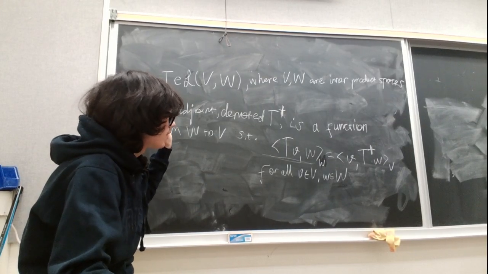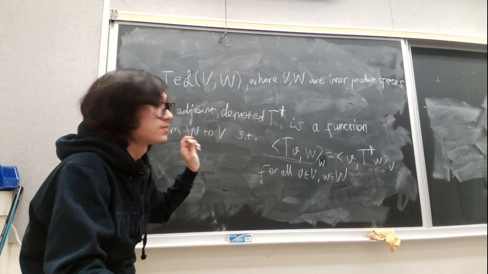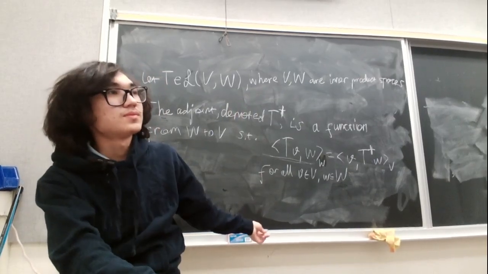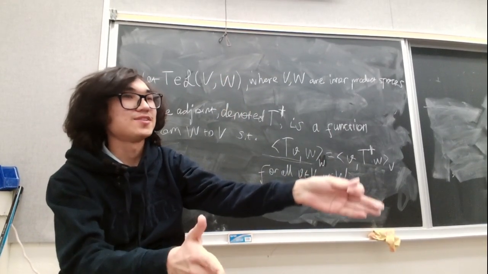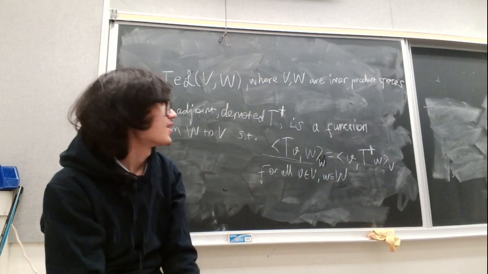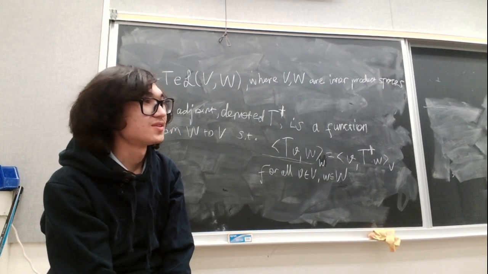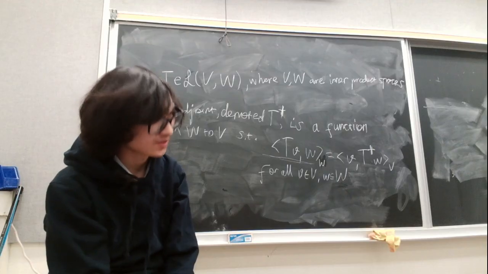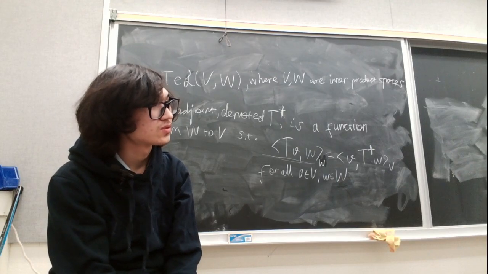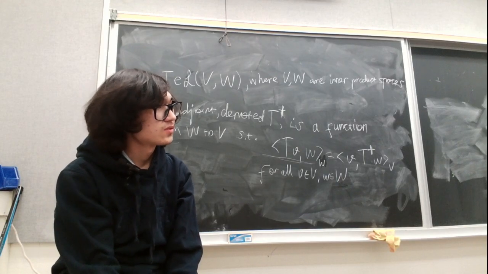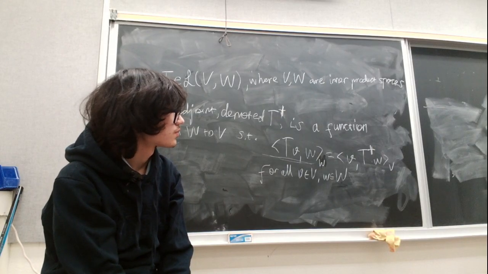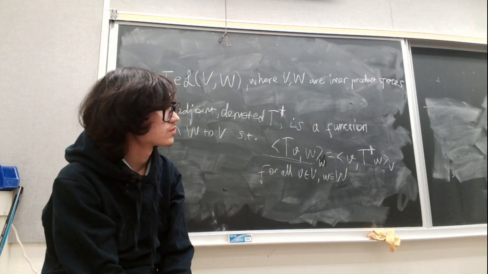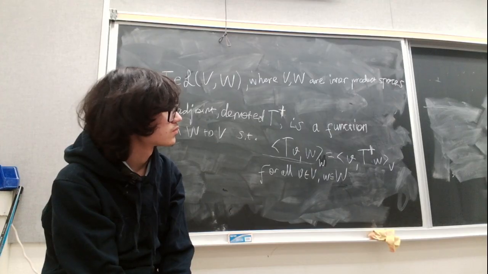Alternatively, you could ask a question. Why does this work? Let's ask a different question. Here we had this map T from V to W, okay?